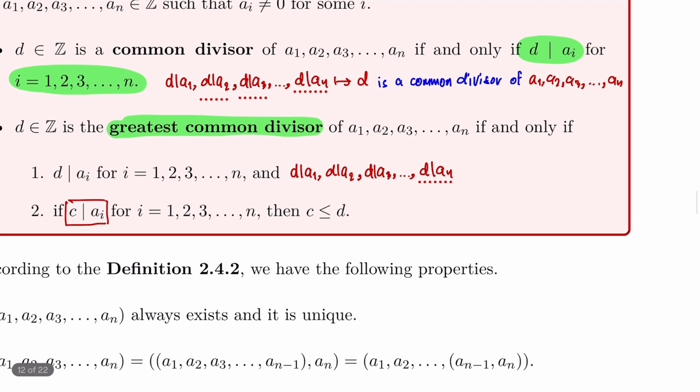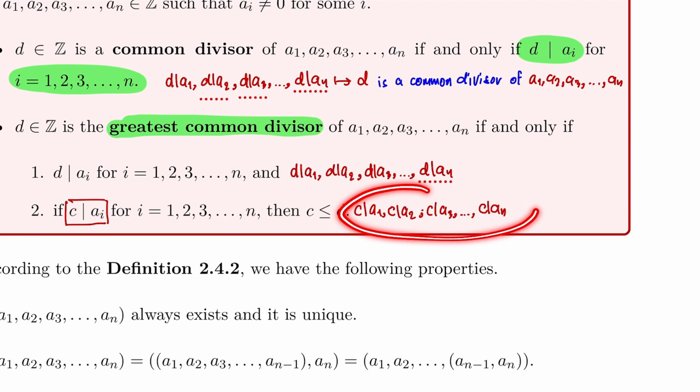So for the second property or the second criteria, C must divide a1, C divides a2, C divides a3, and all the way to the last one, C divides an.